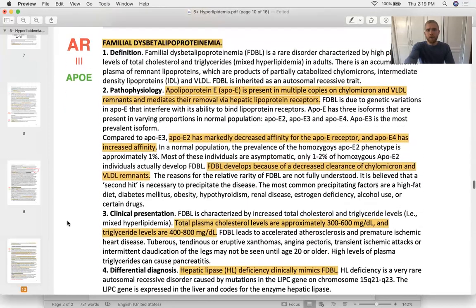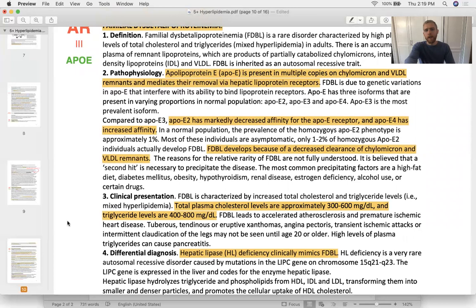Specifically, familial dysbetalipoproteinemia develops because of a decreased clearance of chylomicron and VLDL. The ApoE dysfunction explains this because you do not have ApoE on low-density lipoproteins. You only have ApoB100 on low-density lipoproteins. That's the only protein on an LDL particle.